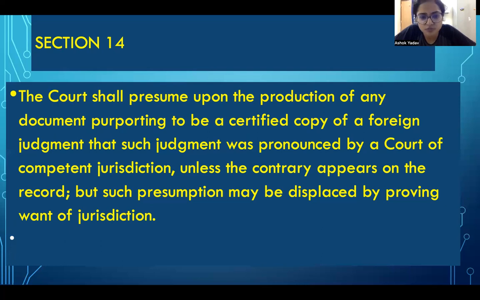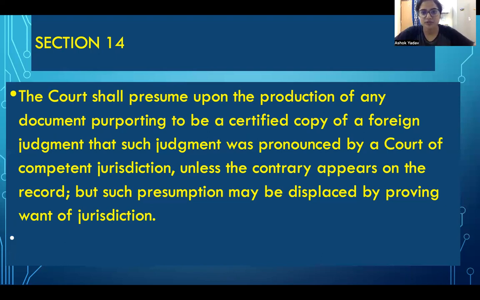You can always disprove or rebut that by giving your contrary evidence, right? So under this section 14, they're talking about a presumption as to the production of any document purported to be a certified copy of a foreign judgment.